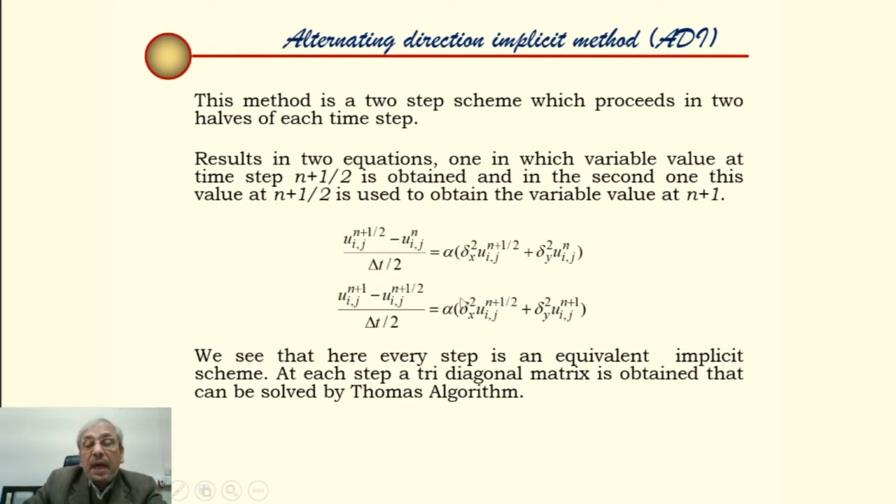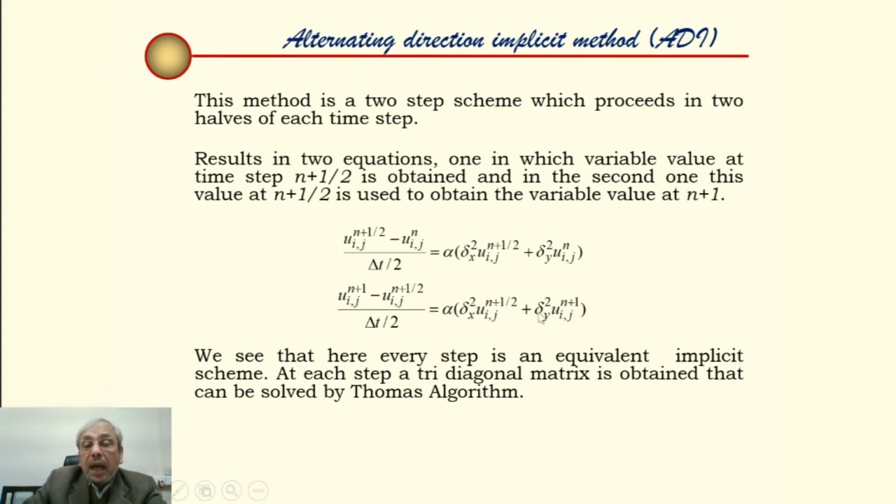But on the right hand side we express uij, that means the dependent variable at n plus half level, in its central difference discretized form. So the dependent variable is discretized in x direction through central differencing, and it is at n plus half level, which we have known already from the previous step.